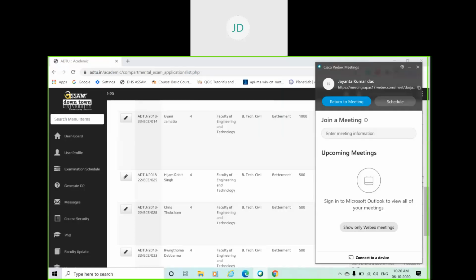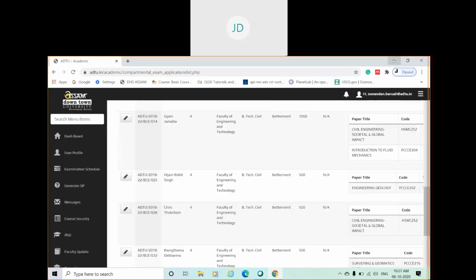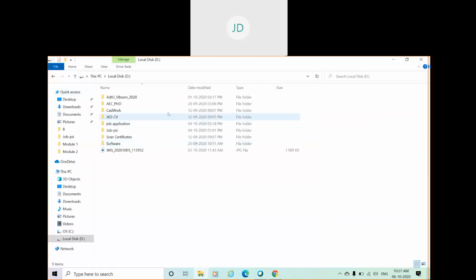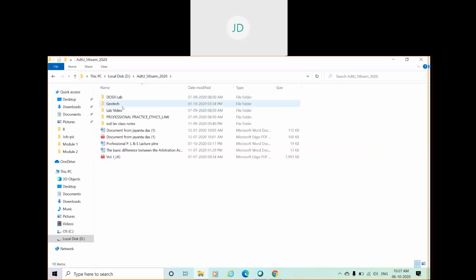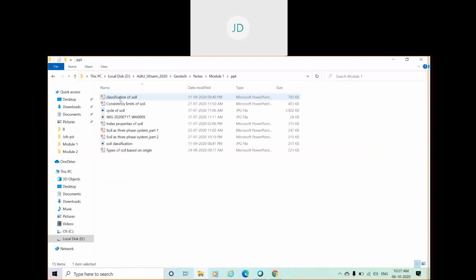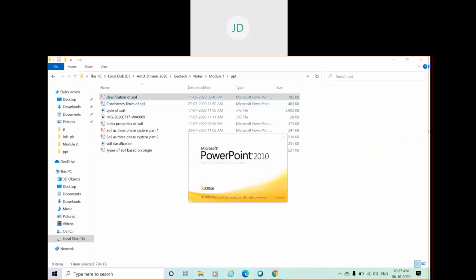Fine. So let me share my screen first. My screen is visible, right? Okay, let me first. So we are discussing, I guess, classification of soil.